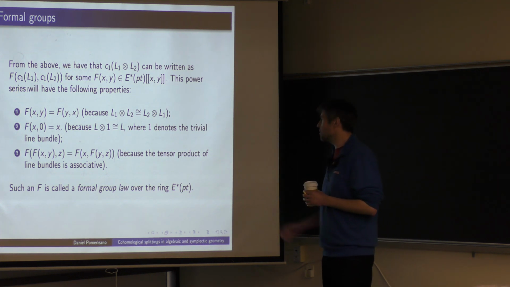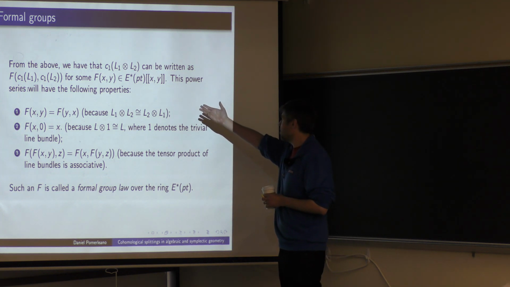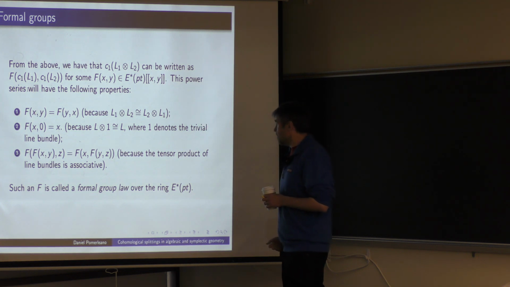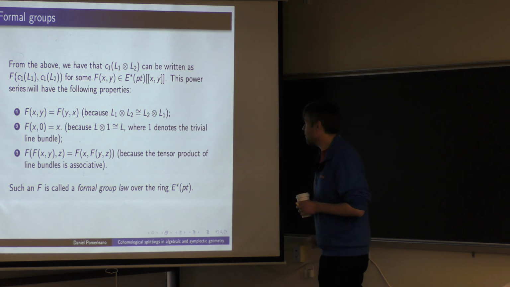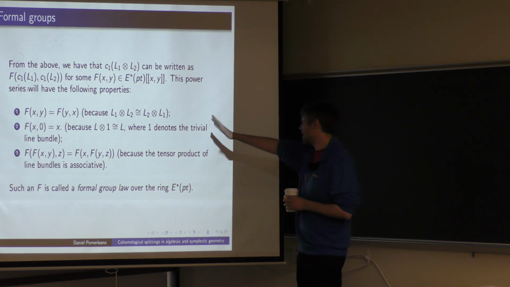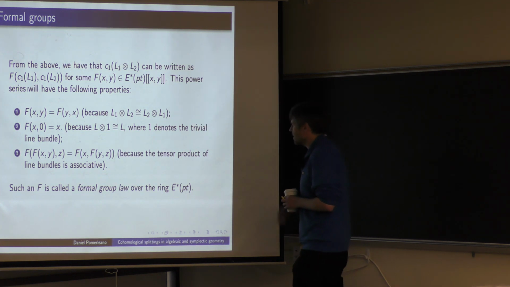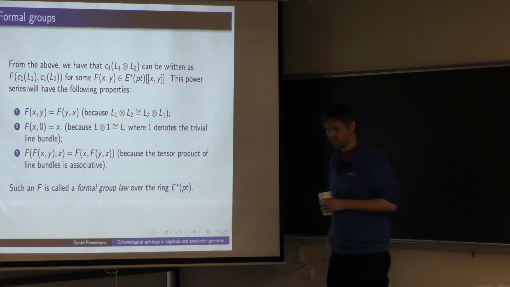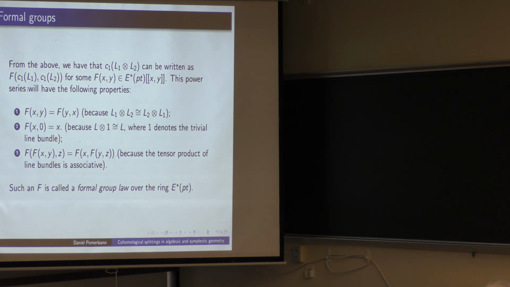For any of these cohomology theories, you identify the cohomology of BS1 squared in terms of this graded power series ring, and you get something called the formal group associated to the complex oriented theory. It satisfies certain properties coming from the fact that tensoring of line bundles is commutative, and so forth. So you get this formal group, and we want to ask: can we run the argument in different formal groups?